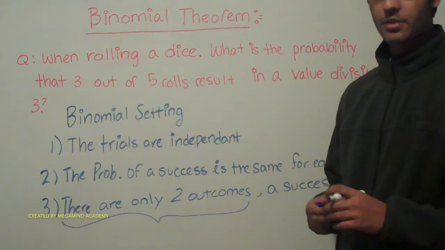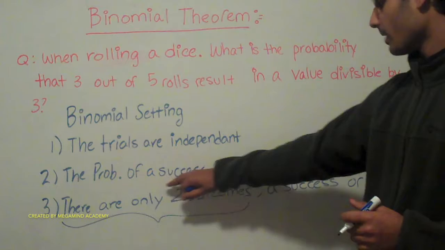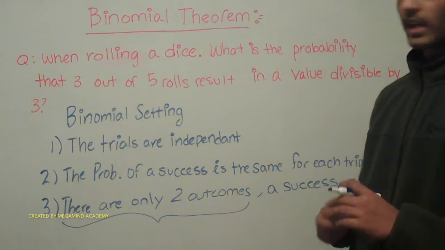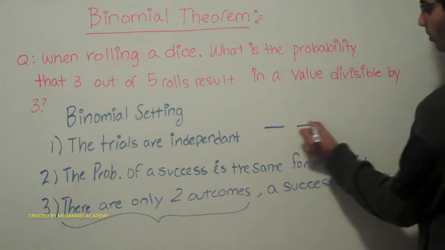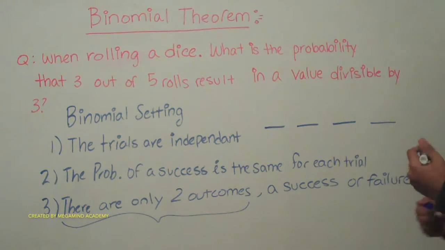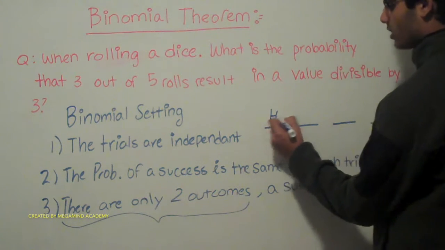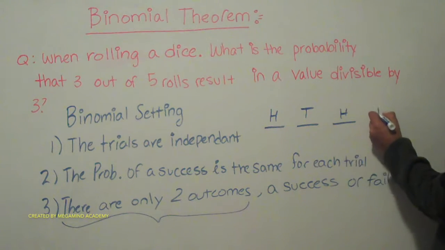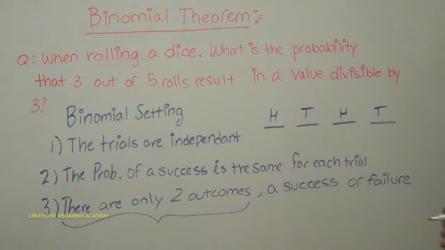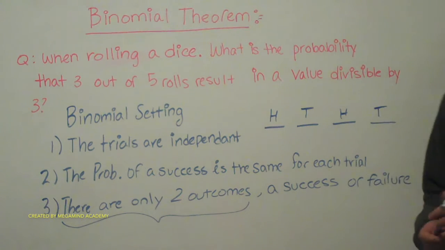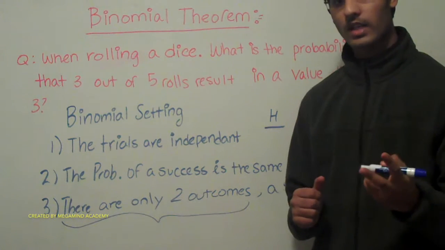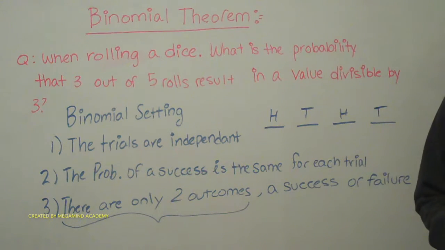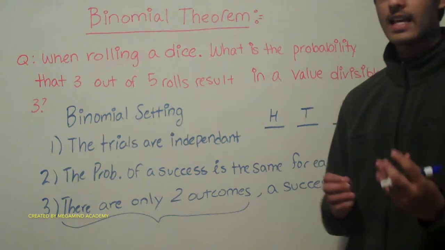And the outcome or the event that you're trying to find the probability of, for example, okay, so let's take a parallel example. Let's say we have the coin example, and let's say we want to flip it 4 times, and write just heads and tails. So let's say that we get H, T, H, and T. So heads, tails, heads, tails. So if we wanted to find the probability that 2 out of these 4 times the coin would land on head, then heads would be the success and tails would be the failure.